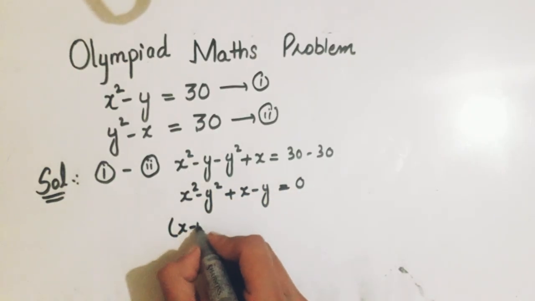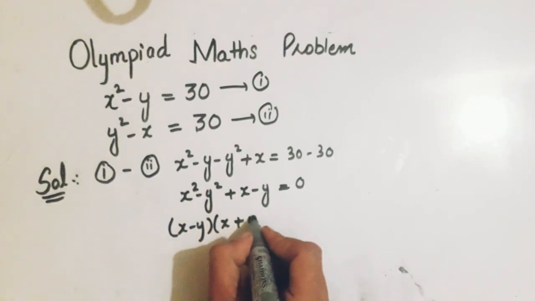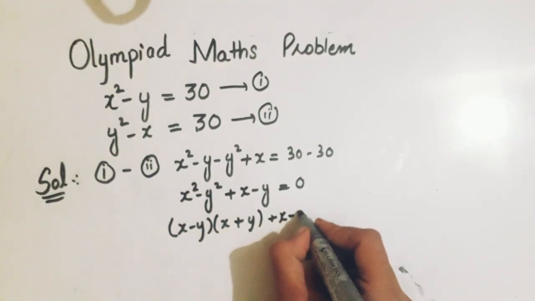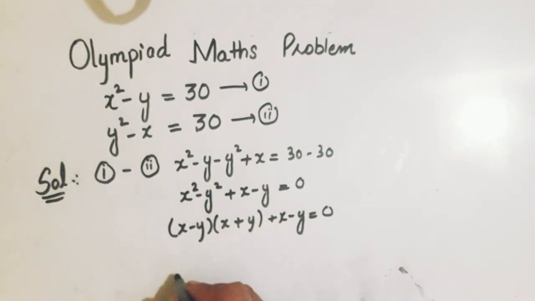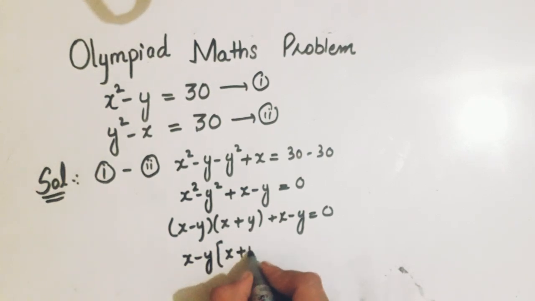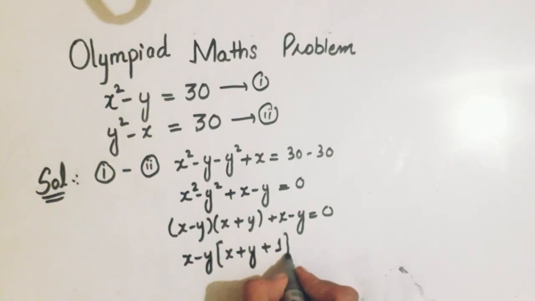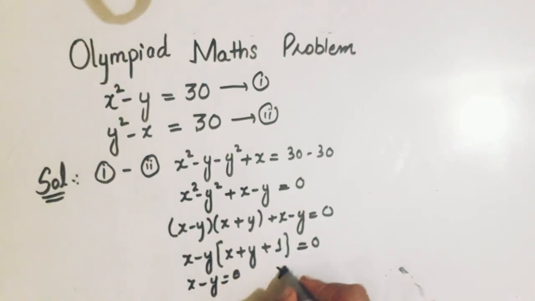This becomes (x minus y)(x plus y) plus (x minus y) equals 0. Now we take x minus y as common. Remaining is x plus y plus 1 equals 0.